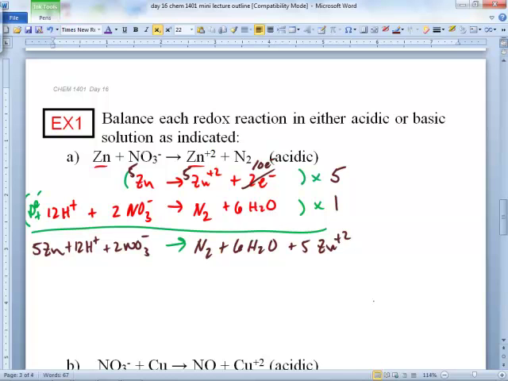Another thing you can notice is if you're working this, you need to have electrons canceling out. You need to have electrons on the reactant side, and you need to have electrons on the product side. If you do a half reaction and the electrons are on the product side up here, your other half reaction, they better be on what side?